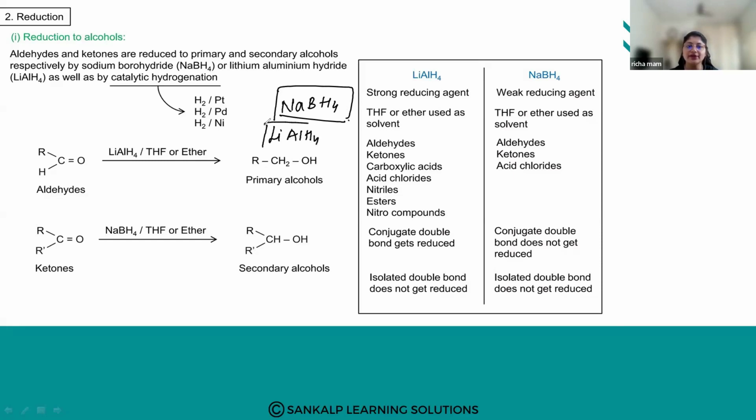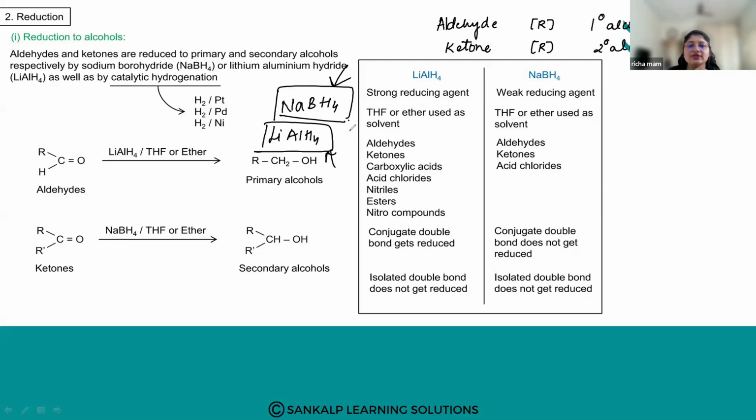These are the two reducing agents which can be used in the reduction of aldehydes and ketones to primary and secondary alcohols. If you have an aldehyde and react it with either reagent, you get a primary alcohol, and when you have a ketone and do a reduction on this, you get a secondary alcohol.